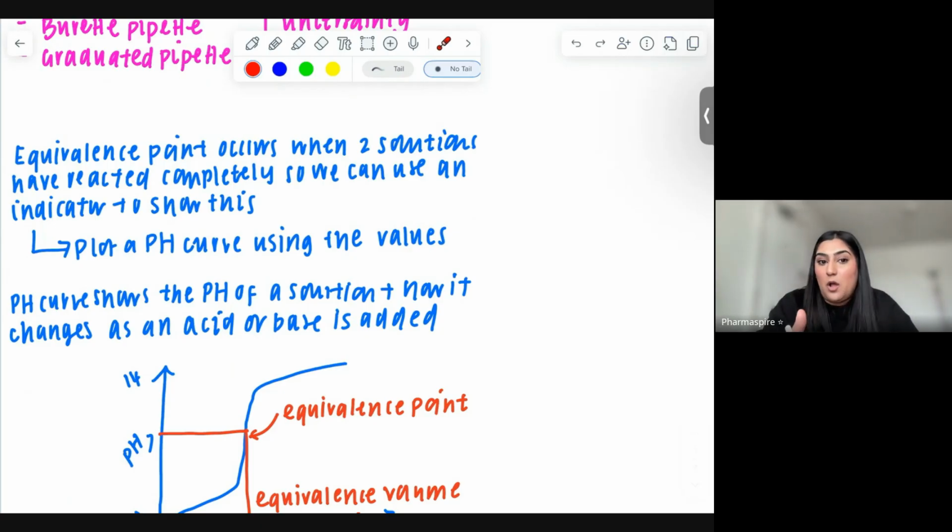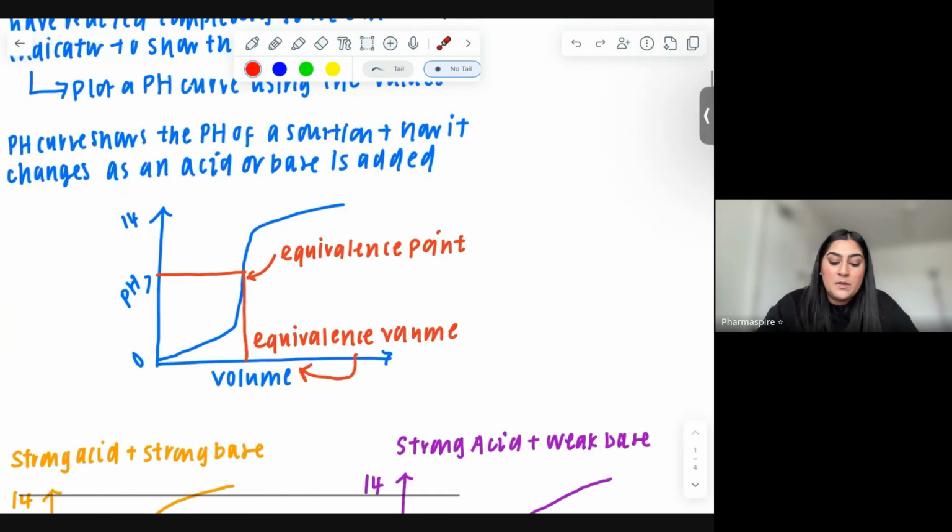We can actually plot the pH curve using these values that we generate. So this is an example of a pH curve. You've got pH on this side, and you've got volume. I'll get into specifics about the volume soon. The whole idea is that you have a strong acid and weak base or whatever, and you generate something called an equivalence point. Now, the equivalence point is the point in the middle of this vertical section.